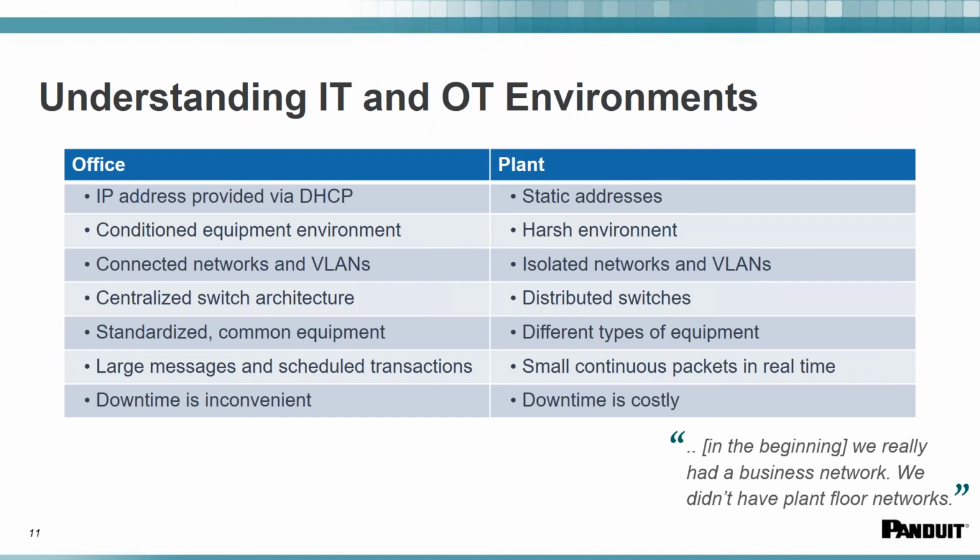And similarly, as you go down that list, you will find differences that as a control and automation person, you have to worry about. I will take you to the last one on this list. In an office, when a downtime occurs, it's an inconvenience. You are not able to send email, so you wait a few minutes, let the system clean itself out.